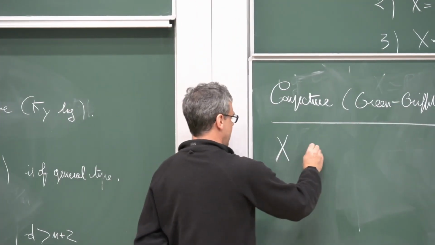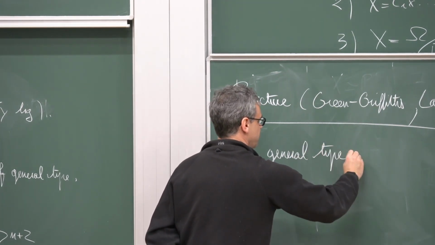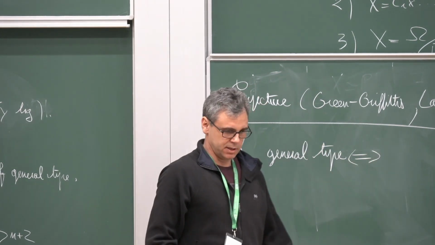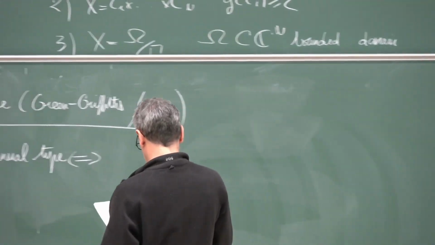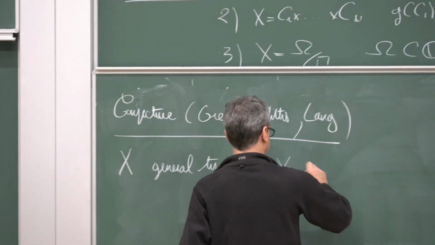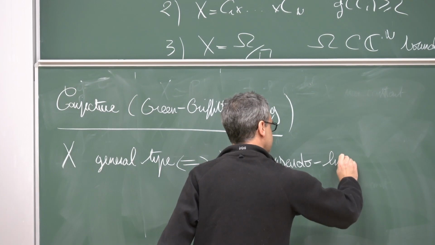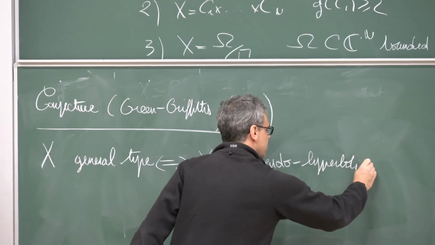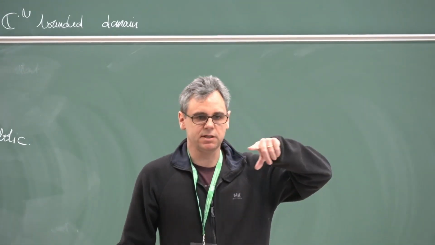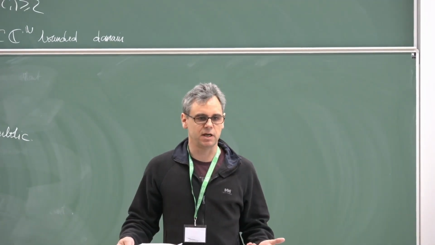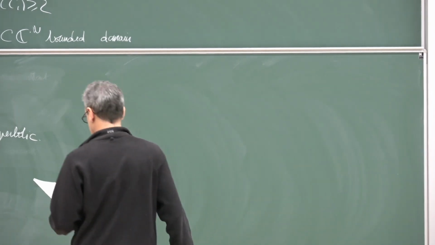Okay, so what can we expect if we just ask general type? Some weak version of hyperbolicity, so we call that pseudo-hyperbolic. So this means that maybe it's not hyperbolic, so you have entire curves inside, but they cannot cover the variety. They have to lie in a fixed proper algebraic subvariety.